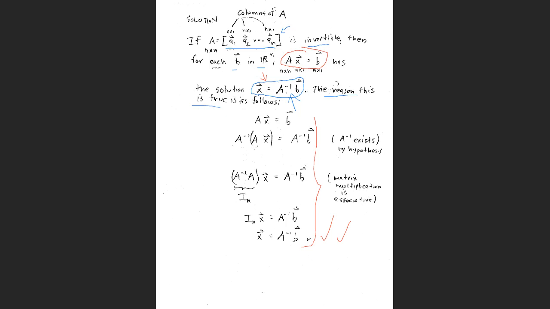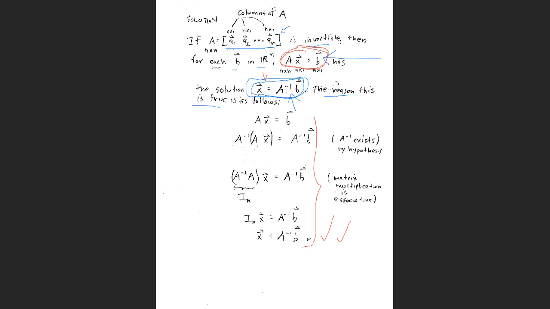The key statement here is that the matrix equation AX equals B has a solution vector X. The solution vector X is described by A inverse times B, but the point is there must be a solution to this matrix equation.